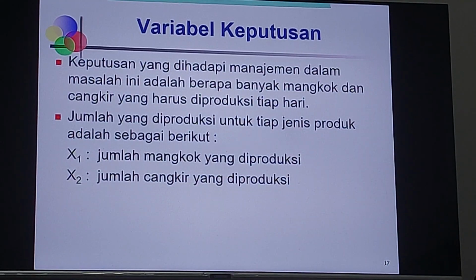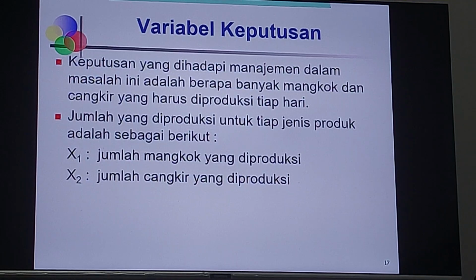Let's say x1 is the bowl, x2 is the cup. Let's make that the decision variable. What's the goal? To maximize the profit. So we need to find the profit.